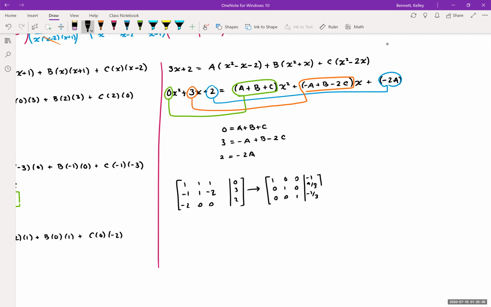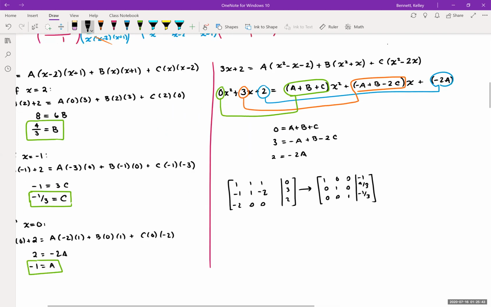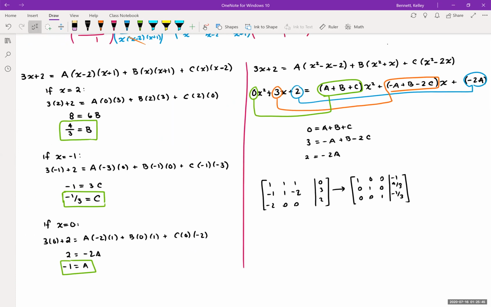And what do you notice about those values? They are the same values that we get for A, B, and C. So not a coincidence. So this is A, B, C. I like it. I think it's fast.